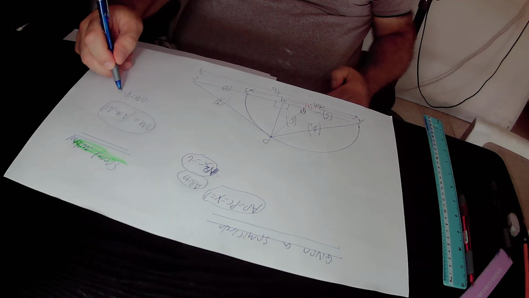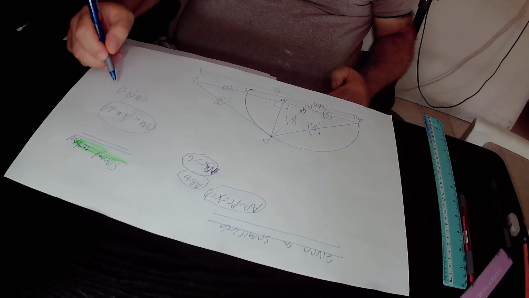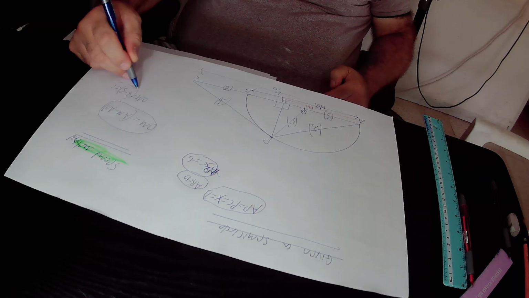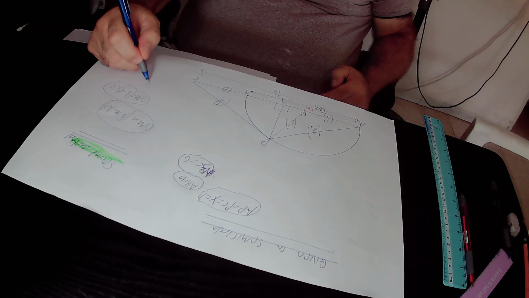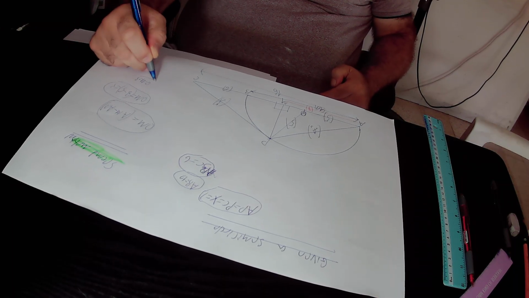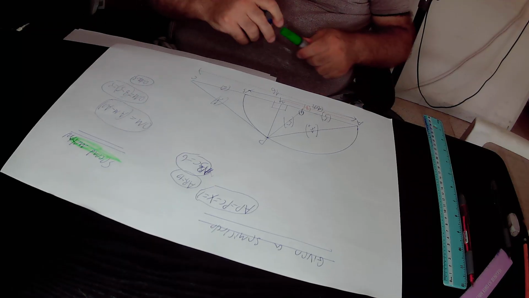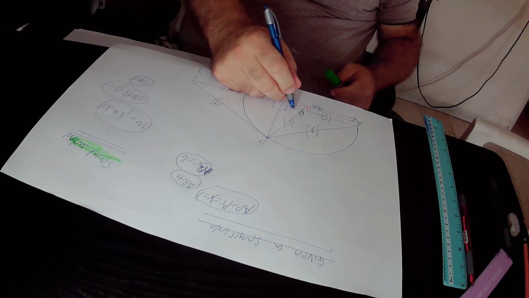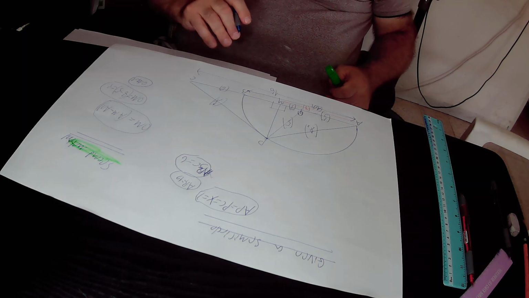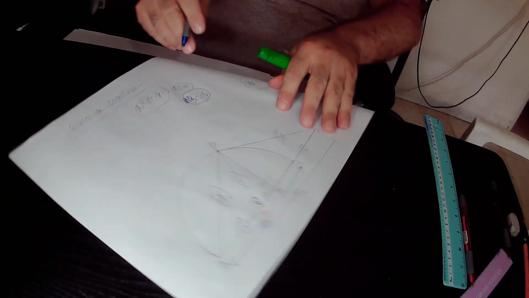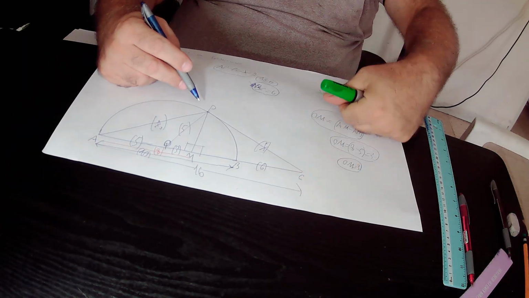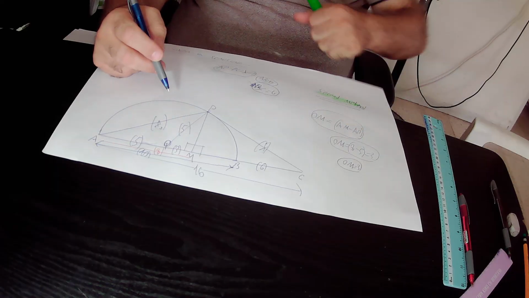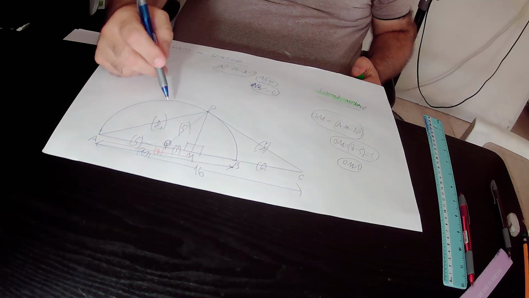AO is 5. So OM equals 8 minus 5, that is 3. OM equals 3 units in its length. In the next step, I'll copy the right small triangle AOM in a new page and we'll implement on it the Pythagoras theorem.